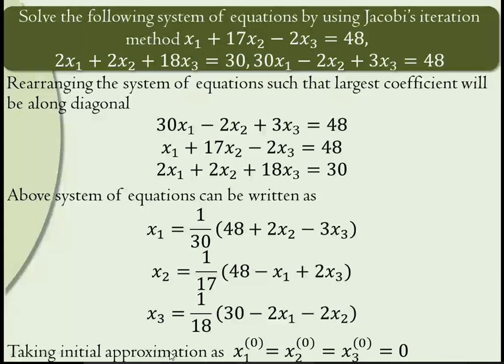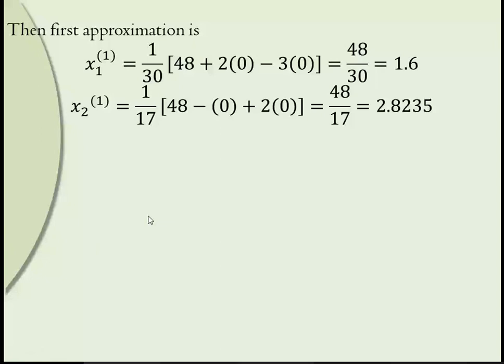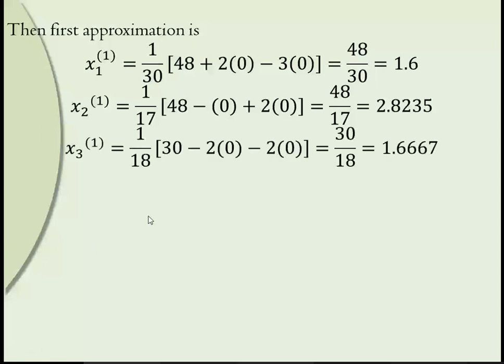That gives us x1 at 1. Put these two zeros, we get the first iteration for x2. And if we put these two zeros, we get the first iteration for x3. So just put x1, x2, x3 as 0 on the right-hand side of the equations. That gives us the first iteration. So x1 at 1 will be 1 by 30 into 48 plus 2 into 0 minus 3 into 0.